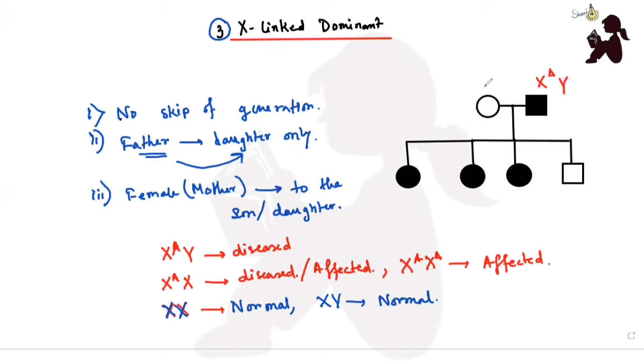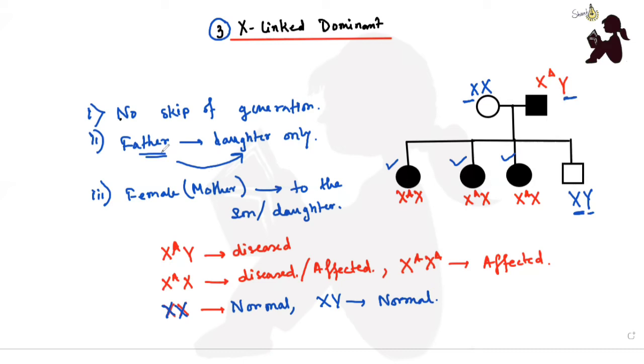The mother will have the normal XX genotype, and here all the daughters are affected with the XAX genotype, and the son will have the XY genotype, where the X is coming from the normal mother, and the Y is coming from the father.